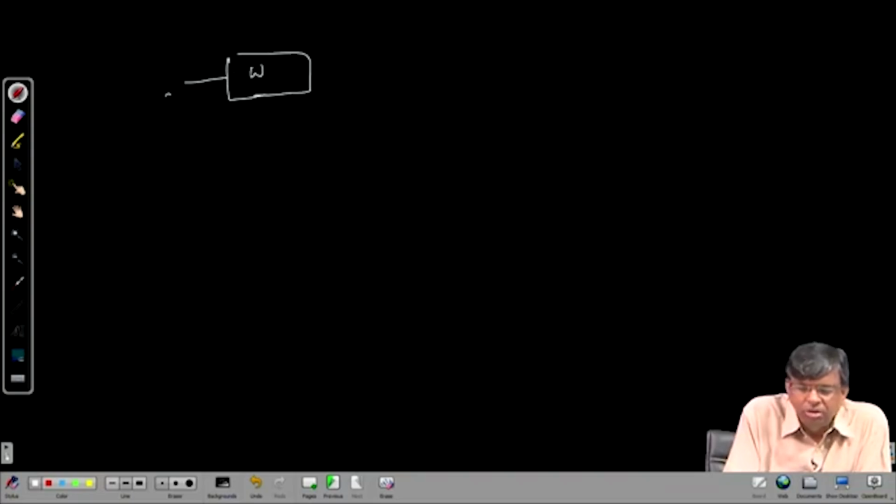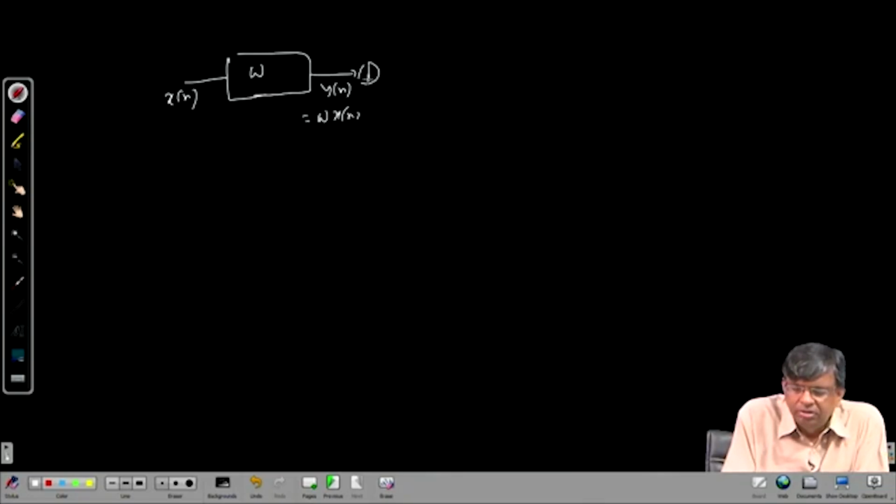Suppose only W, so y n is just W times x n. So, e n is d n minus W x n, you square it up: d n square, W square x n square, whose expected value will be R xx 0. So, there will be a W square R xx 0, there will be E of d n square, which is sigma d square, and there will be a minus twice expected value of W x n d n.